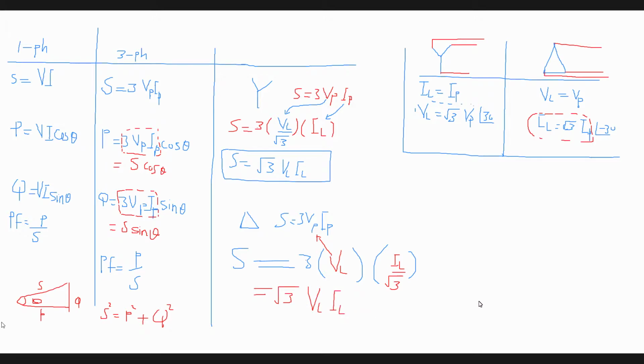So what does that mean? If it's Y or delta, it's the same thing. It's going to be S equals square root of 3 V line I line, or 3 V phase I phase. V phase I phase gives you the power per phase.